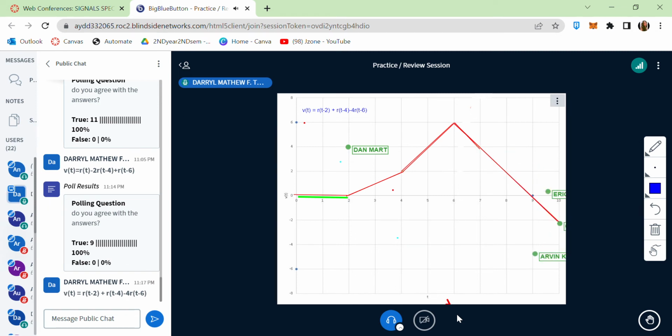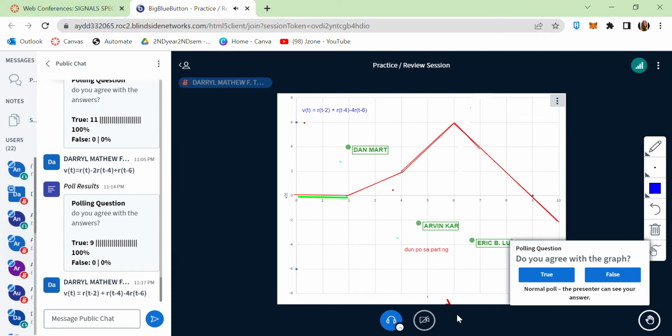So, siguro, are there any confusions kung bakit nangyari ito? I'm going to start a poll. Sa start kung gaano kahaba, yung nangyari kasi kaya flat siya at the start dahil sa t minus 2 na to.